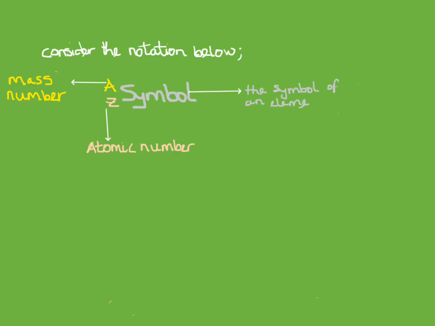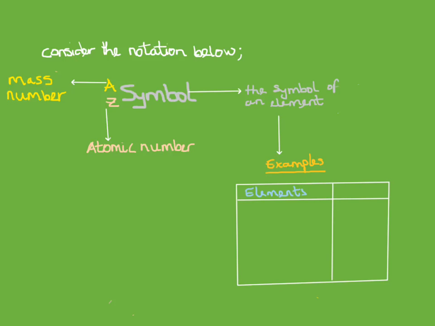The symbol stands for the symbol of an element, such as the symbol of carbon, the symbol for hydrogen, the symbol for nitrogen, the symbol for neon. So, the table below gives us some examples of elements and their respective symbols.